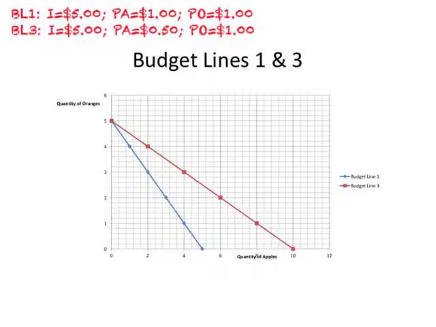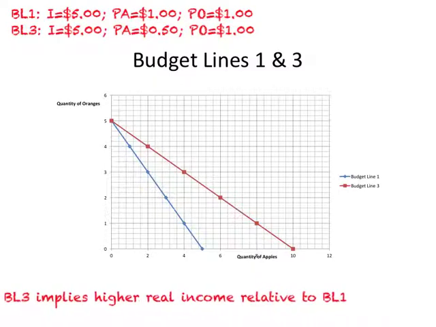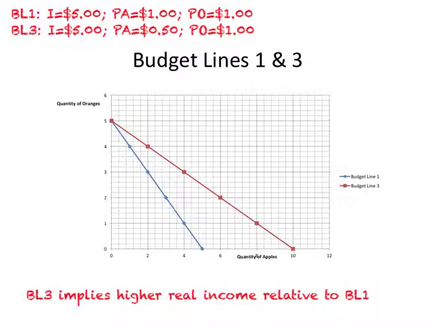Now look at the following. Look at consumption choices implied by BL1 and compare them to consumption choices implied by BL3. What you find is there are more consumption choices available to John under BL3 relative to BL1, and thus we can make a statement that BL3 implies higher real income relative to BL1.